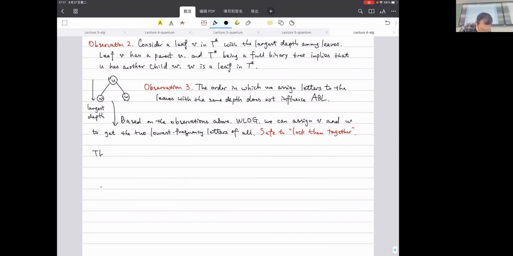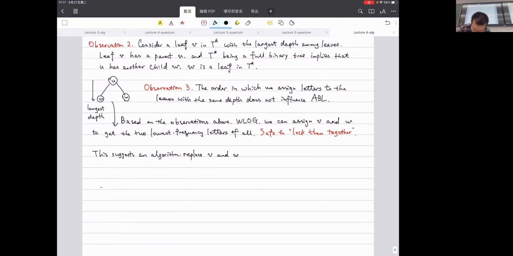In particular, we replace V and W by a meta letter, obtaining an alphabet smaller by 1. And call this recursively.